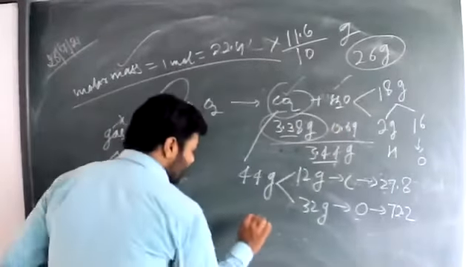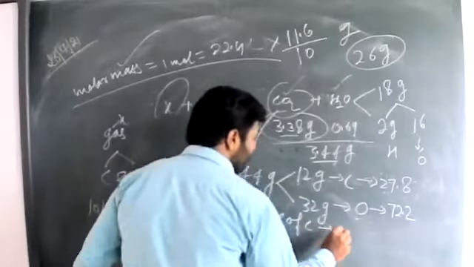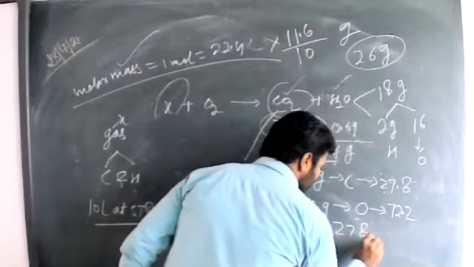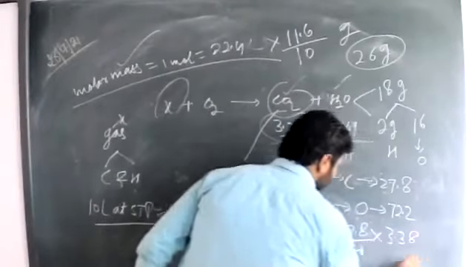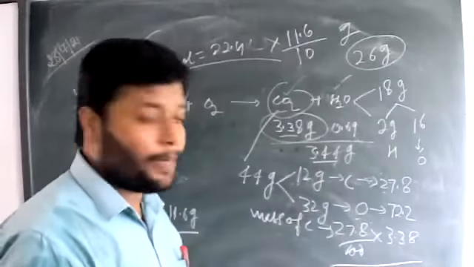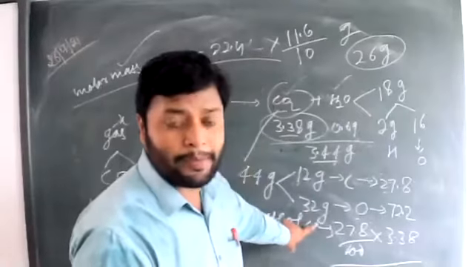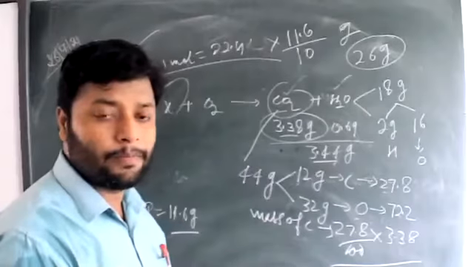So the mass of carbon will be 27.8 percentage of 3.38. And in the same way you have to calculate the mass of hydrogen in 0.69.